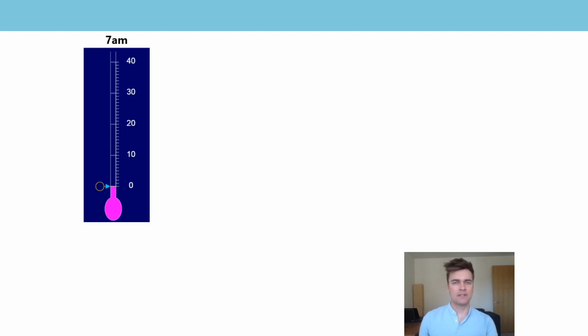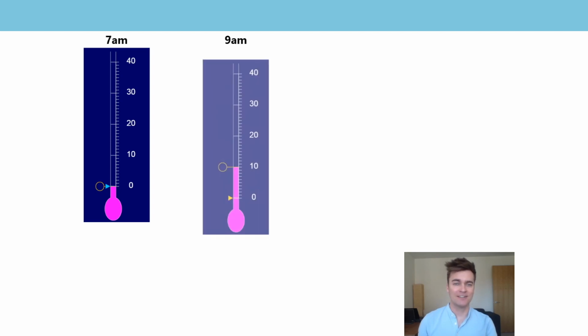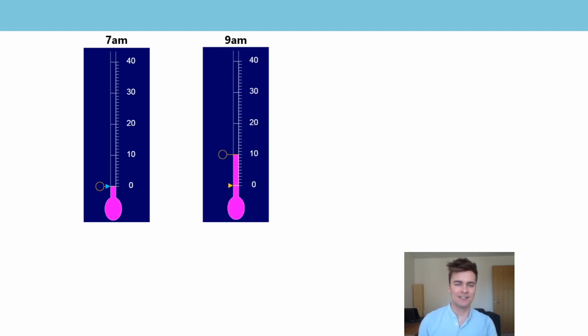Let's have a think about this idea of saying difference in a different context. Imagine a beach. Imagine a beach during a heat wave. At 7 a.m. the temperature is 0 degrees Celsius. By 9 a.m. the temperature has increased.